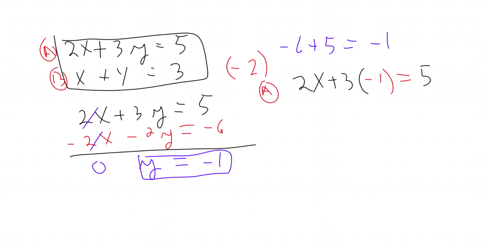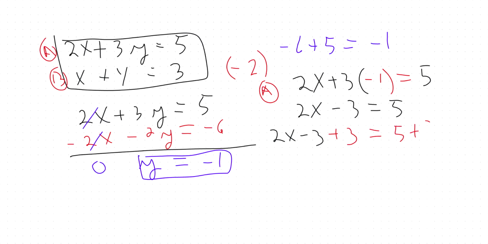So now we can solve this equation. We got 2x minus 3, because 3 times minus 1 is minus 3, and that's equal to 5. Now we can add a plus 3 here, so on the other side it's going to be 5 plus 3.